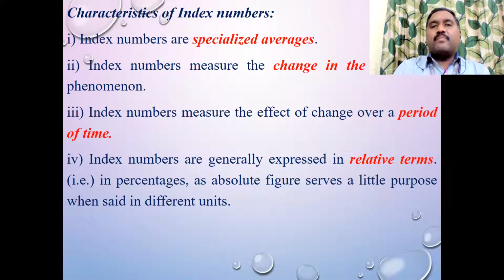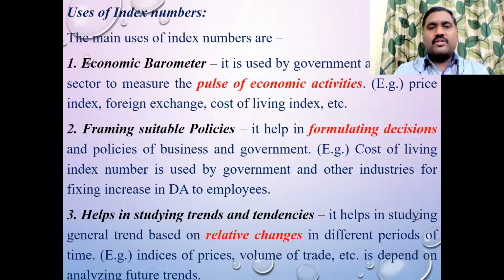That means for price, you need to mention in rupees, and for production, you need to mention in units like kg or ton. And if you are mentioning currency notes or some other variables, you need to mention it as a percentage. So relative terms should be used in the index number. This is the characteristics, and this is the usage.